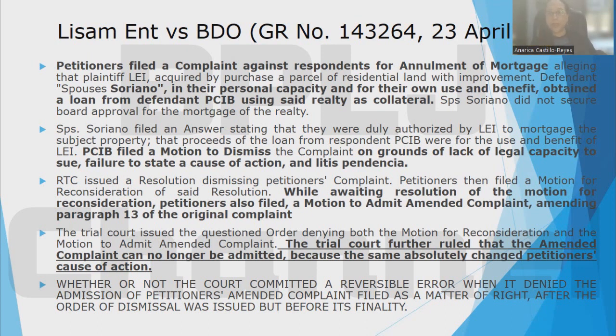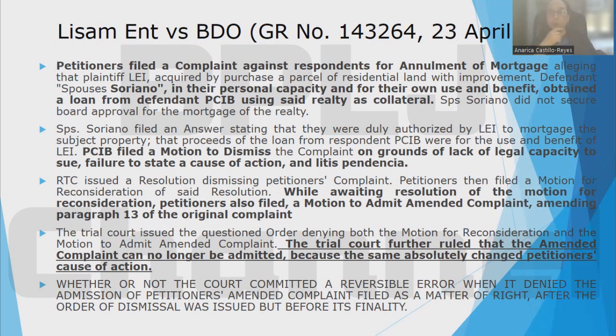Spouses Soriano filed an answer stating that they were duly authorized by Lisam to mortgage the property. The proceeds of the loan were used for the benefit of Lisam. PCIB filed a motion to dismiss on the ground of lack of legal capacity to sue.